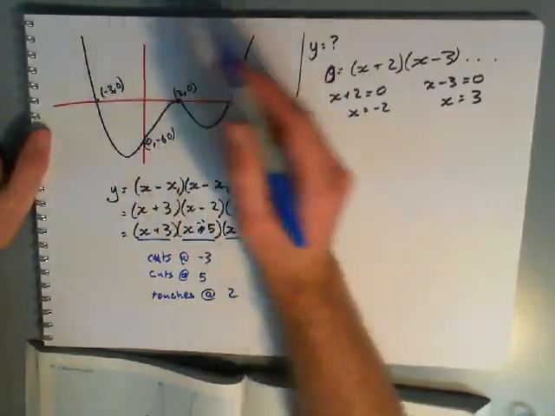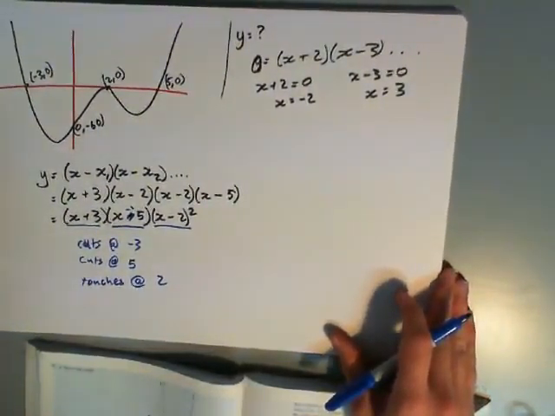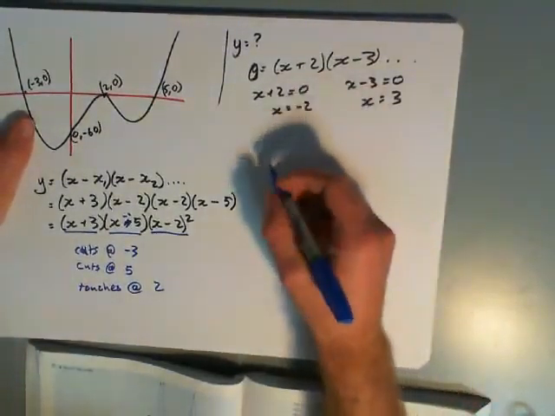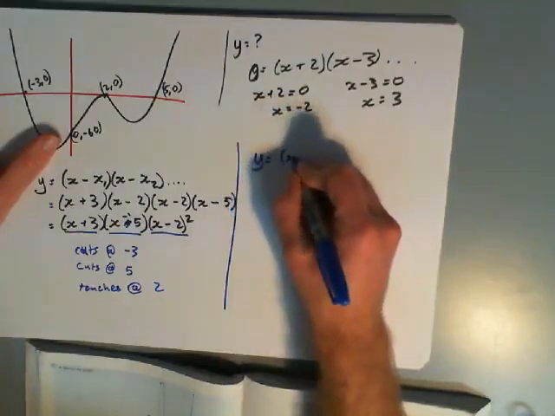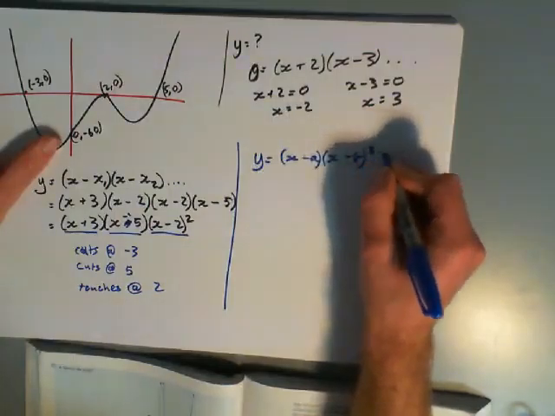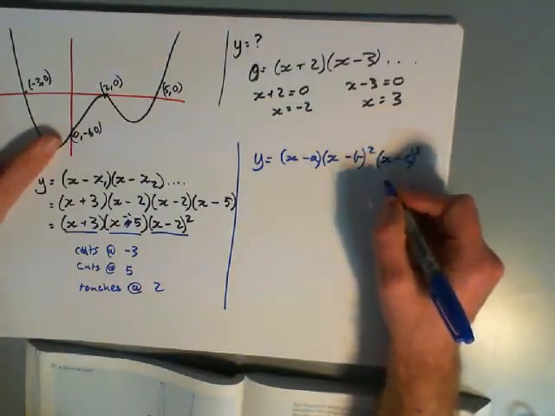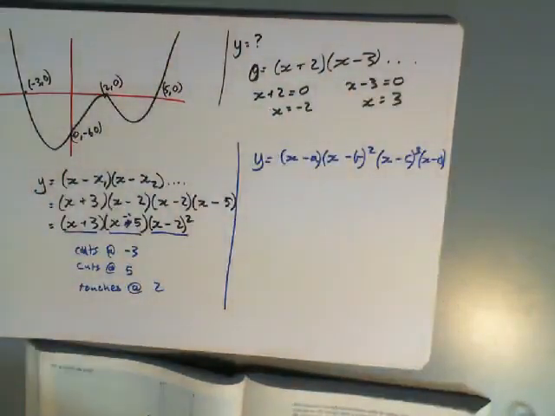They cut it, almost. Okay, so what we want to do from that is to make a bit of a summary. So we've got y equals x take a, x take b squared, x take c cubed, and x take d. So what are we looking at?